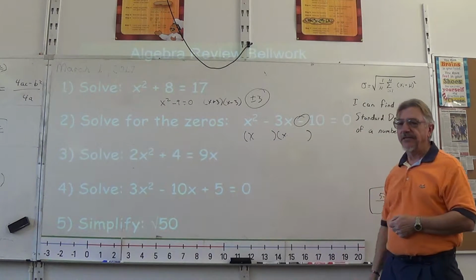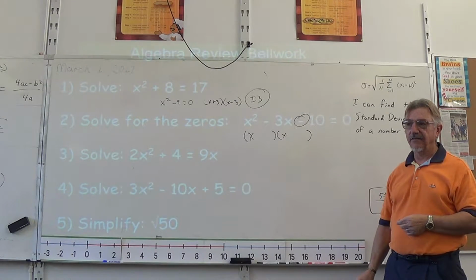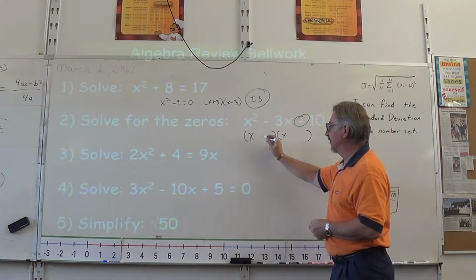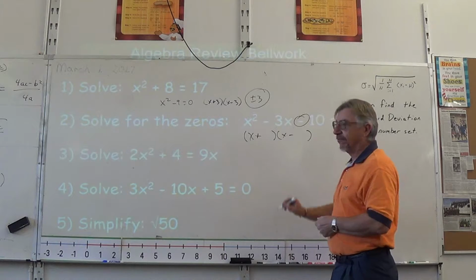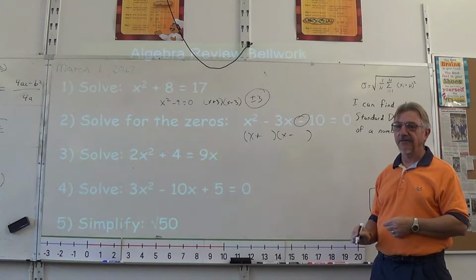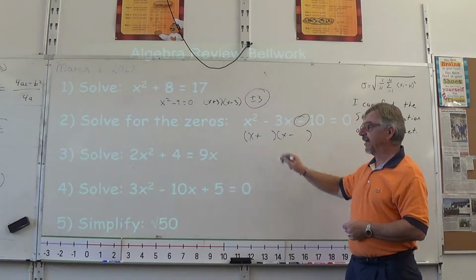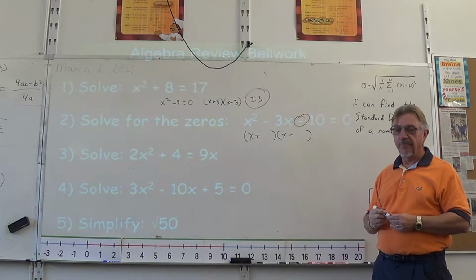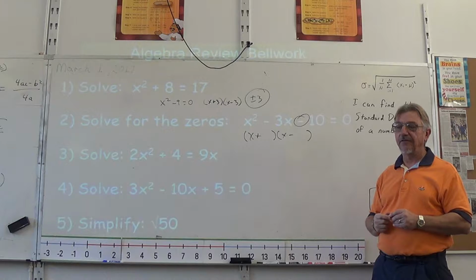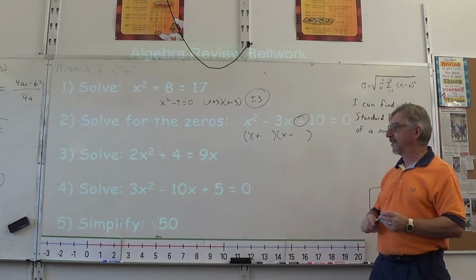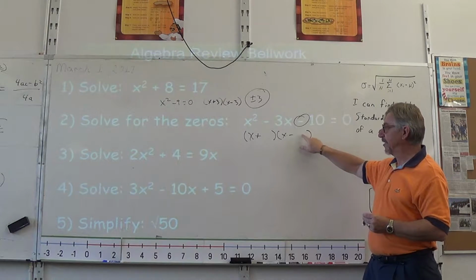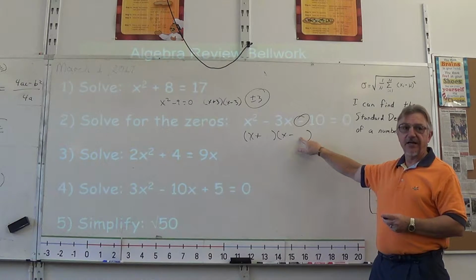If I'm subtracting my constant, I know that I'm going to have a plus and a minus when I factor. If my b value is negative, that means my larger number is going to be the subtraction.